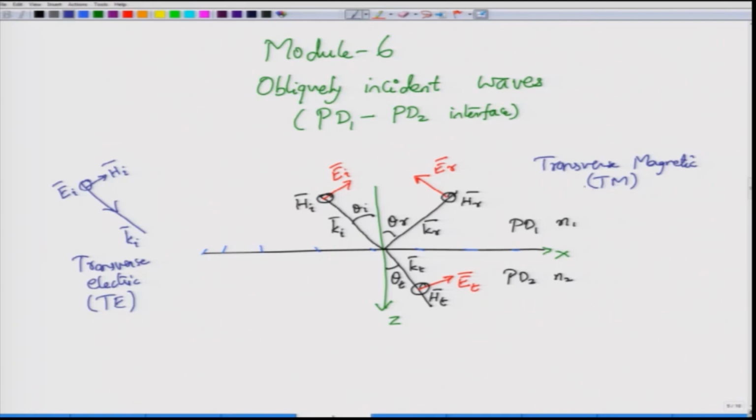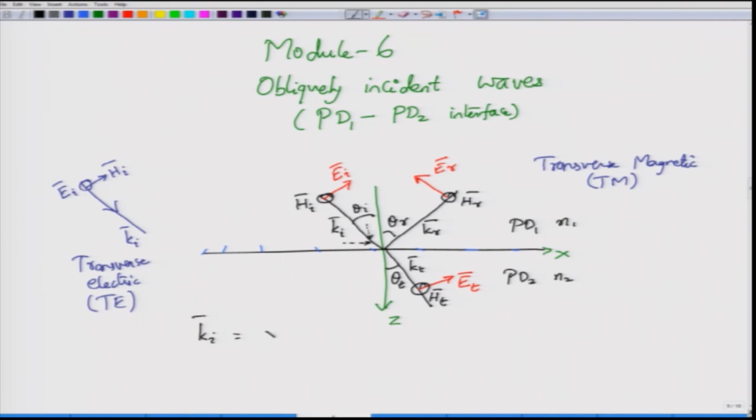Okay. To do so, of course, I need to write down the expressions for E_I, E_R, E_T, H_I, H_R and H_T, right. Before I can do that, let me write down the expressions for k_I, k_R and k_T. k_I, if you look at the way this line is going around, will have one component along x, and then another component along z, right.